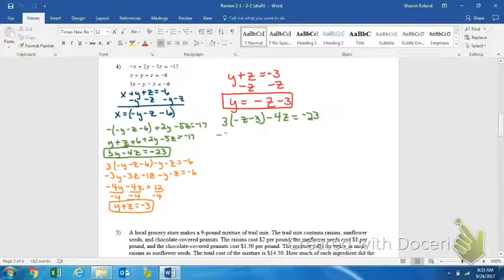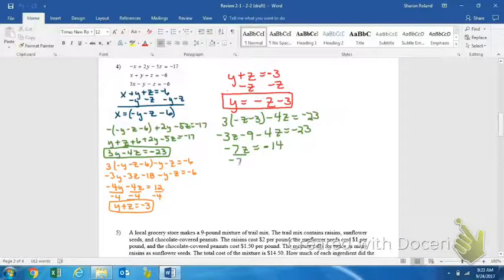So that's negative 3z minus 9 minus 4z is negative 23. And that's going to be negative 7z. And I'm adding 9 to the other side, which is going to make it a negative 14.